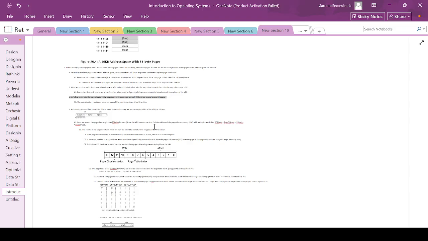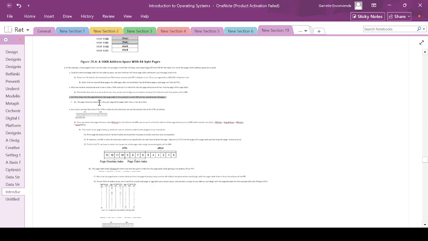Because in 64 bytes, we can only hold 16 PTEs. So 256 divided by 16 gives 16 pages.